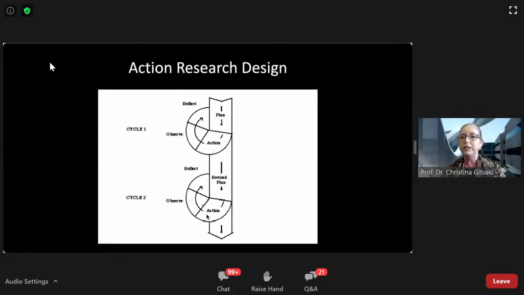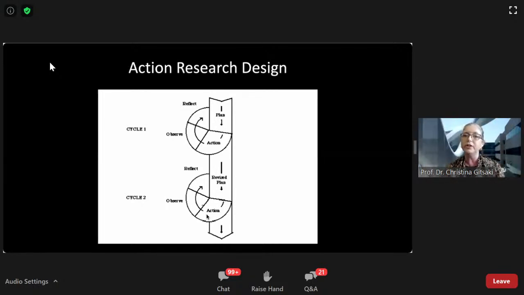Some of the research designs that are used in SOTL are action research design, which resembles the whole act of teaching. As teachers, we plan our teaching before we go into the classroom. We implement our plan. We watch how the students are engaging with the activities that we have planned for them.